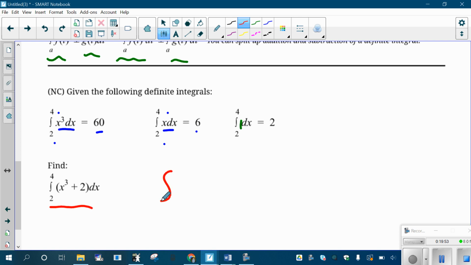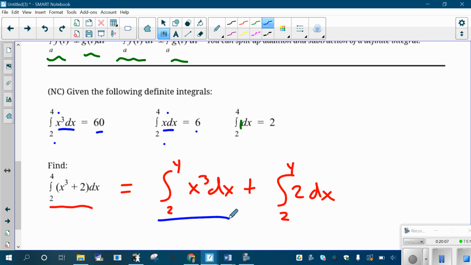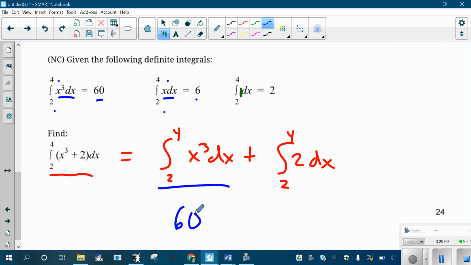I'd say that's the same as this. I'm going to split it up. This, they tell me, is 60. This, I'm going to pull that 2 out. There's an invisible 1 here now.